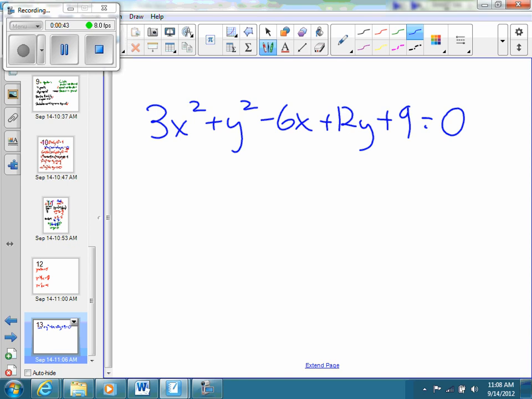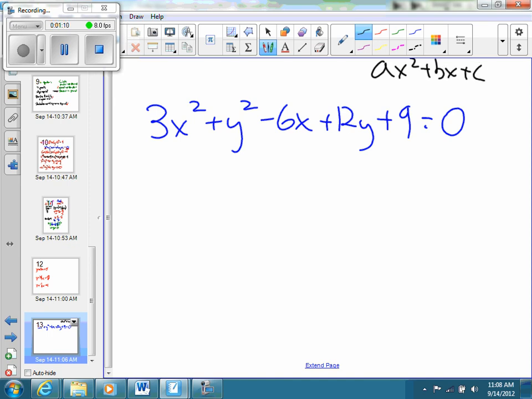If I want to complete this square, which I know that I'm going to have to do if I'm going to go from general form to standard form, I'm going to have to complete the square somewhere along the line. But if I'm going to complete the square on my quadratic part of it, my a has to be equal to 1. You got to remember that. Form of a quadratic expression: ax squared plus bx plus c.